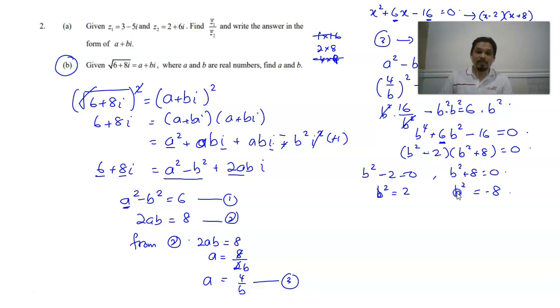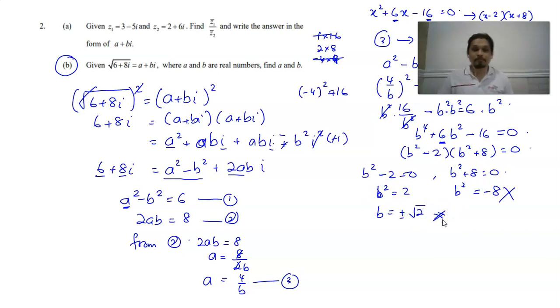And even if b is negative, a negative value squared, just like negative 4 squared equal to 16, is positive. So b squared is impossible to give us a value of negative 8. So this one is not the answer. Only for this one, b squared equal to 2, then b equal to plus minus square root of 2.